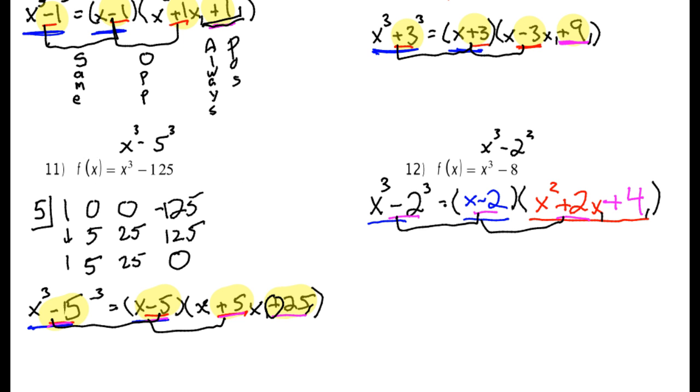So if this helps, we have same, opposite, always positive, which is SOAP. Not very exciting, but it does work sometimes, if you're just getting confused on the signs, on what's next. Is this one negative or is this one negative? How do you know when the signs change? So that little acronym might help you in the beginning.